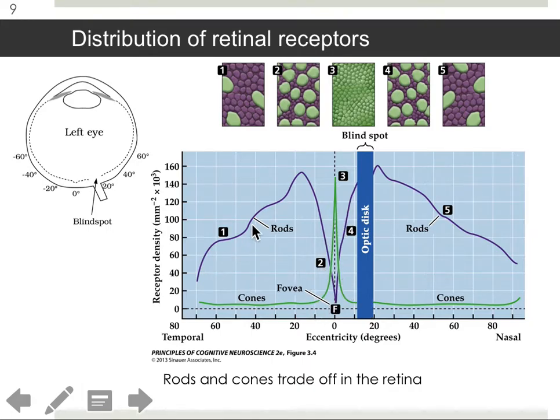Now, in contrast, the distribution of rods is highest about 10 to 20 degrees away from the fovea. So this trade-off between rods and cone cells means that you can have much better visual acuity during a low lighting situation if you foveate about 10 to 20 degrees away from the object of interest.